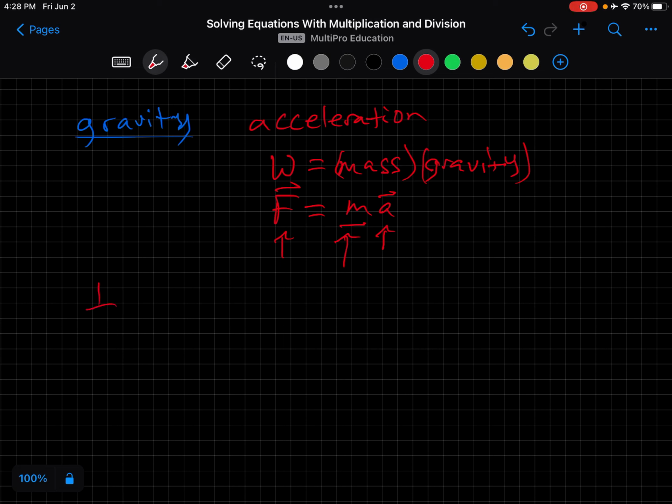So we're given, in this case, that 1/6 of the weight is equal to 33 pounds. And I'm going to say force to designate the difference between force and mass, because weight is a force. Alright, so if we solve this, we multiply 6 times each side.